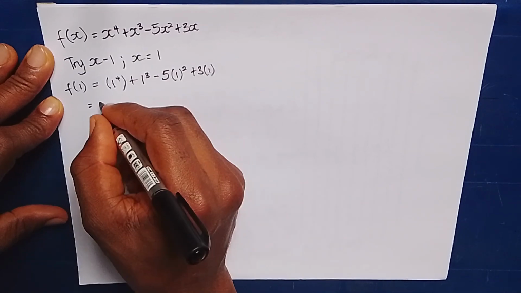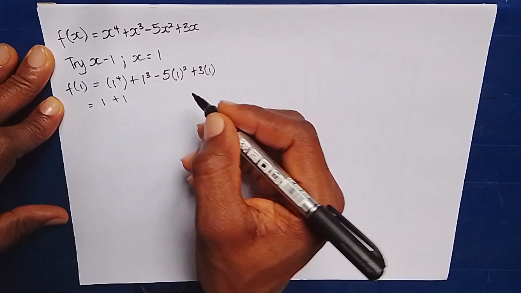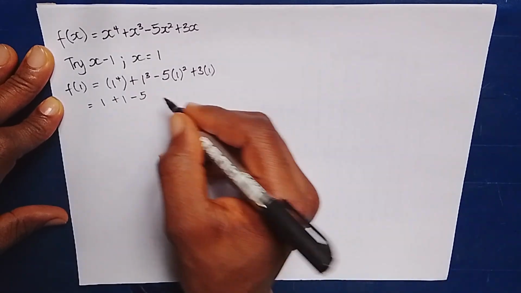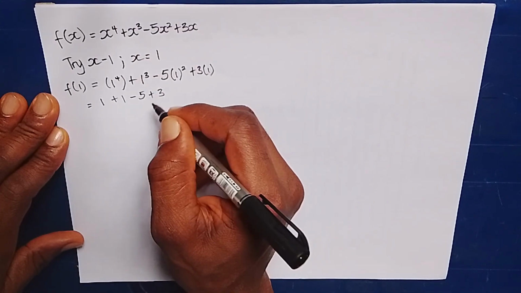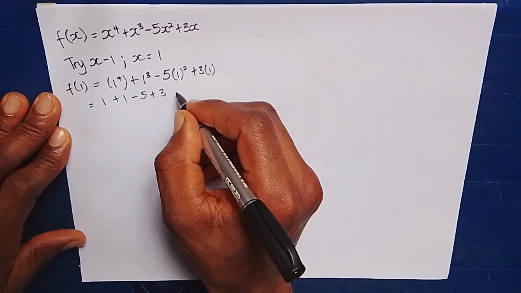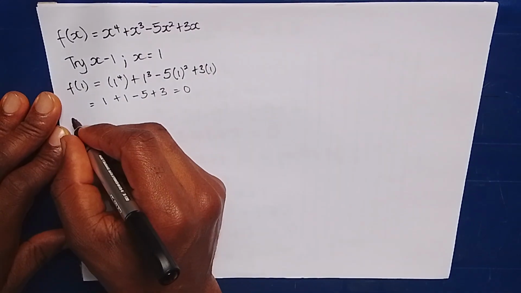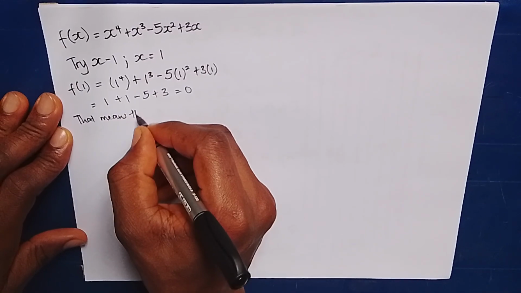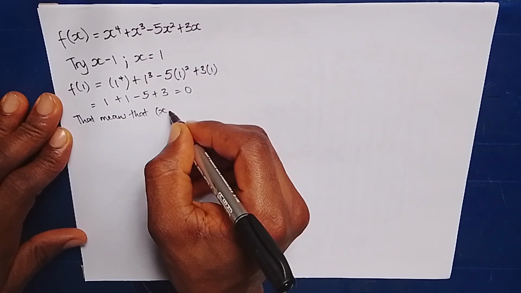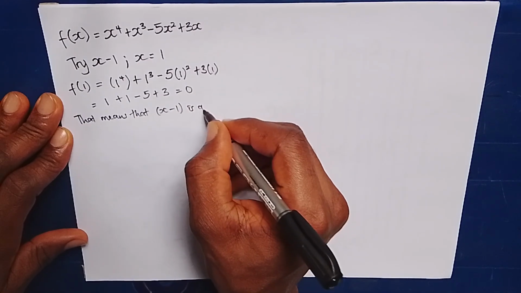This is equal to 1 plus 1 minus 5 plus 3. 1 plus 1 is 2. 2 minus 5 is minus 3. Minus 3 plus 3 is equal to 0. So that means that x minus 1 is a factor.